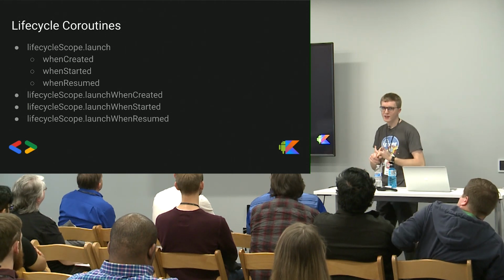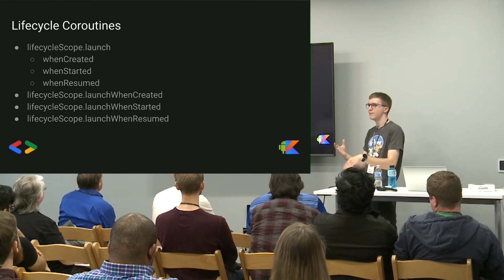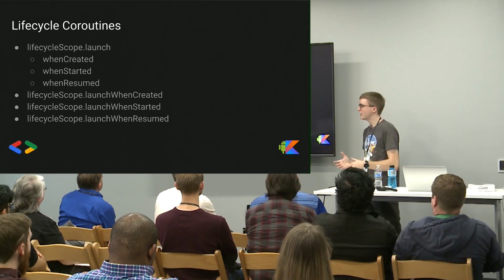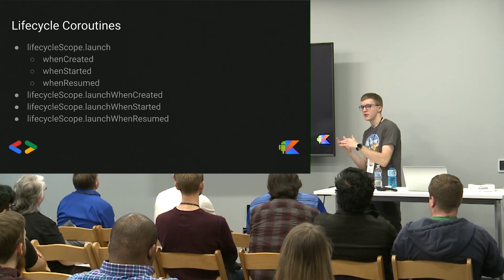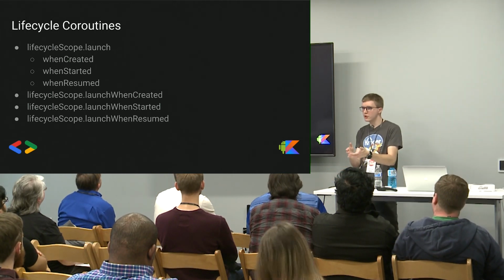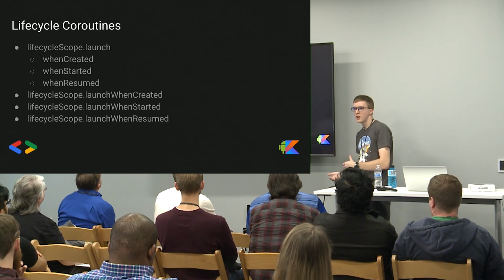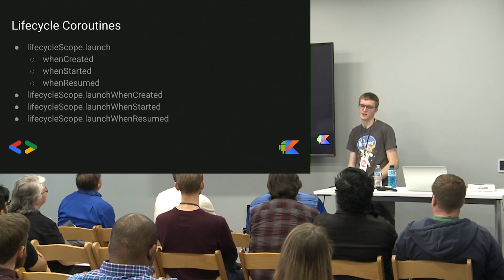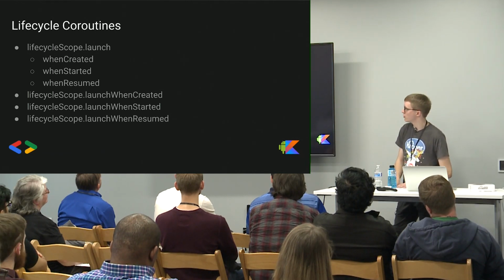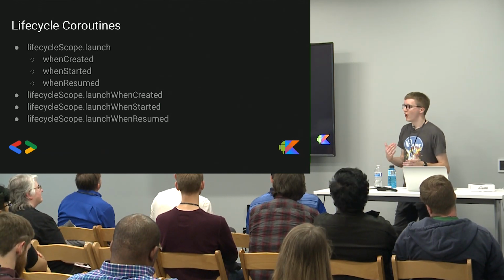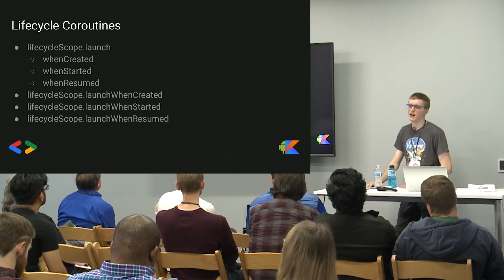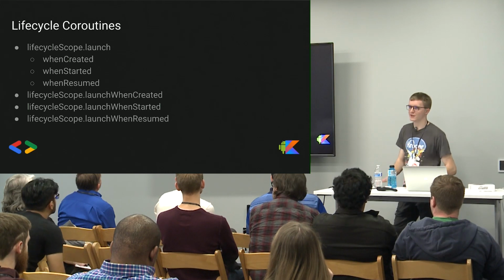You have when started, where any work that happens in your when started lambda is going to be canceled and stop executing when your onStop is called. And a similar kind of thing with onResume, where once you resume, and onPause is hit, then your work will be canceled. And that makes it very easy to manage all of your background functionality within your UI at least, without having lots of complex code.